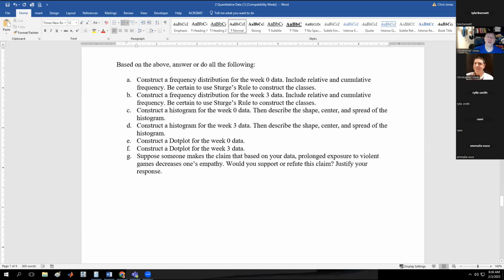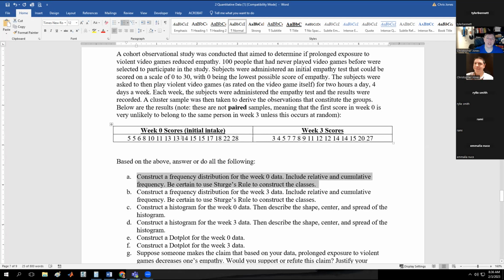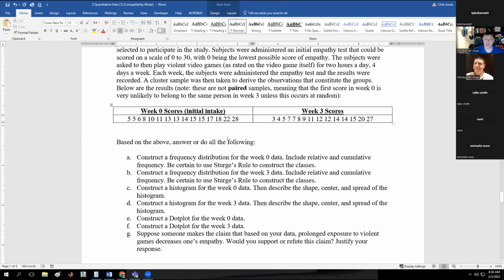All right. So let's say I'm asking you all on a quiz or exam to construct a frequency distribution for this week 0 data here. Can somebody tell me, either in the chat or just tell me, what's the first thing that we need to do?